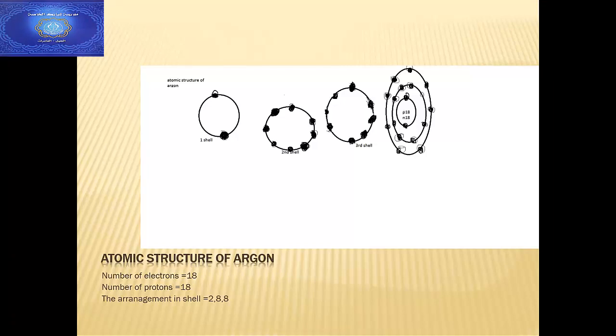So we write 2 in the first shell, 8 in the second shell, and 8 in the third. What is this 2, 8, 8? That is the number of electrons. In the center we talked about the protons and neutrons, we just write 18. After that, the first, second and third shells are filled with the electrons. The electron arrangement is 2, 8, 8. Hope you got it.